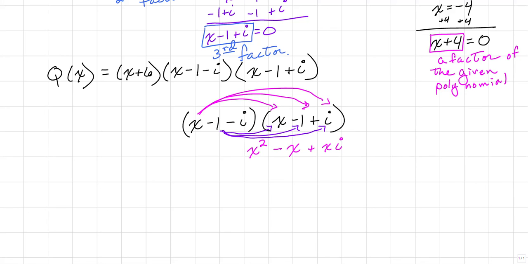Negative 1 times x gives me a negative x. Negative 1 times negative 1 will give me a positive 1. And I'm going to write that over to the right somewhere, because eventually I'm going to try to line up like terms. Then I'll have negative 1 times i, so we'll write that as a negative i.